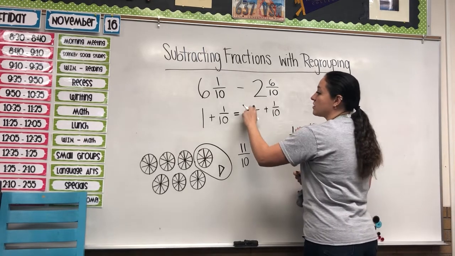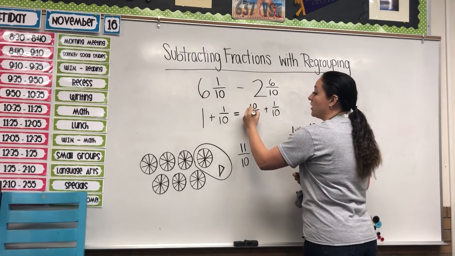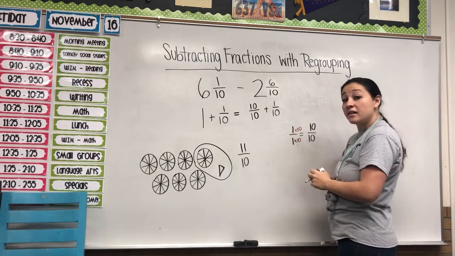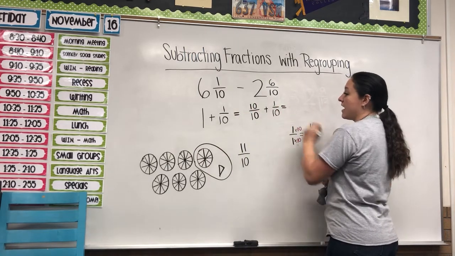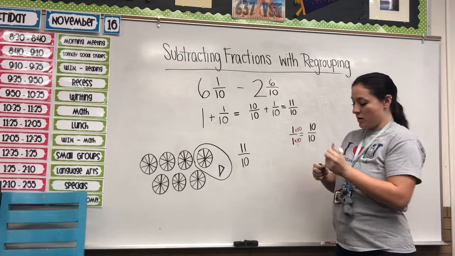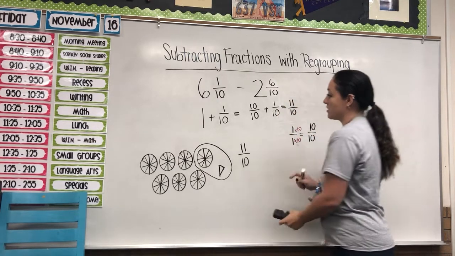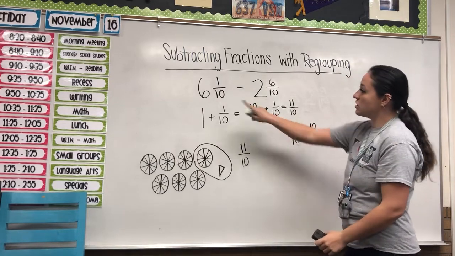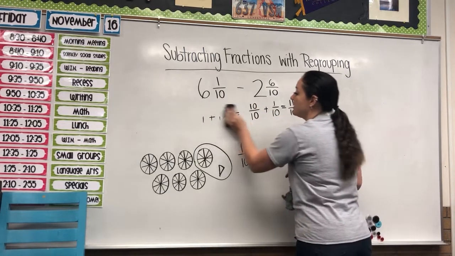Now I can change this 1 over 1 to 10 over 10 and add that, and that equals 11/10. So now we are able to do our subtraction problem. I'm going to change this to 11/10.